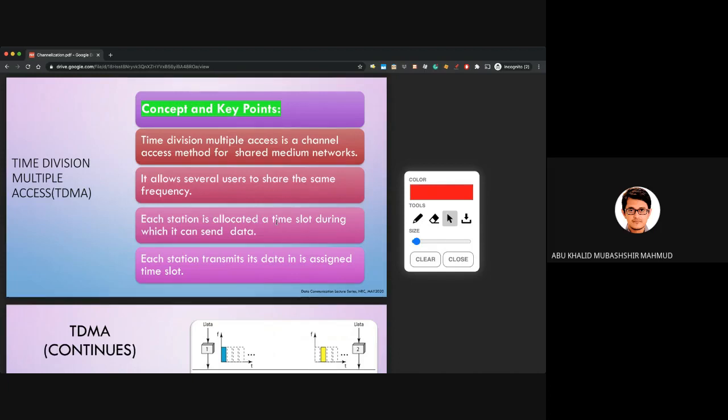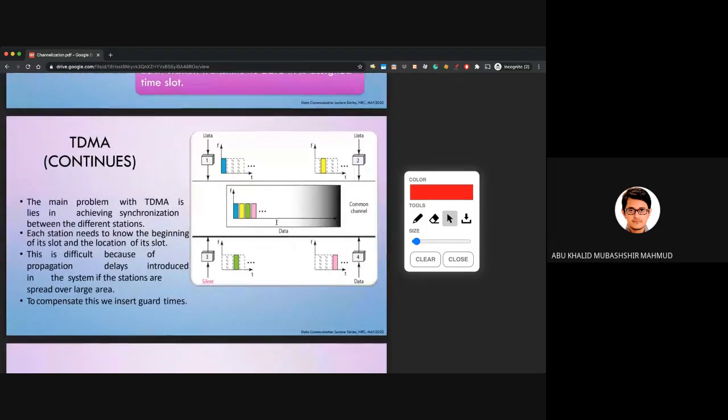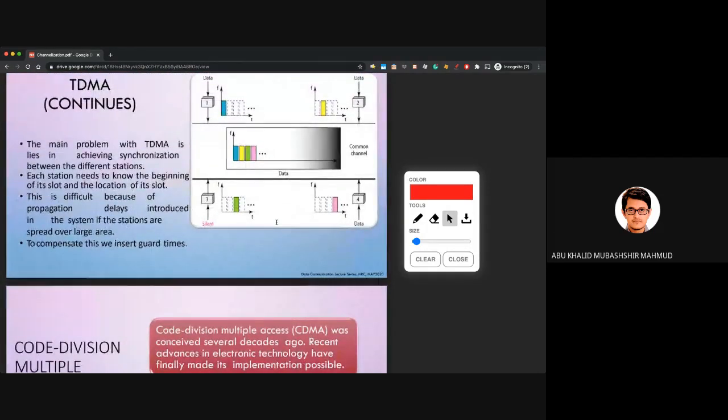This is the problem with time division multiple access if we were to use it in our cable networks. You are familiar with this scenario: this is station 1, station 2, station 3, and station 4, each with a different time slot, combined in the multiple access and used as a combined channel to transmit the data.